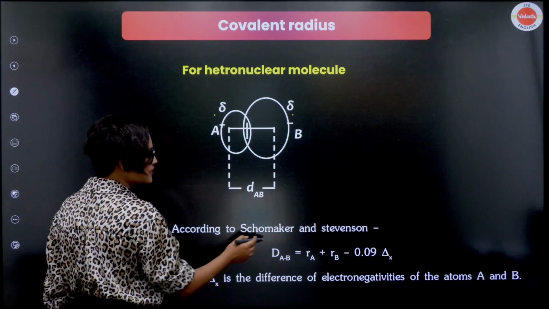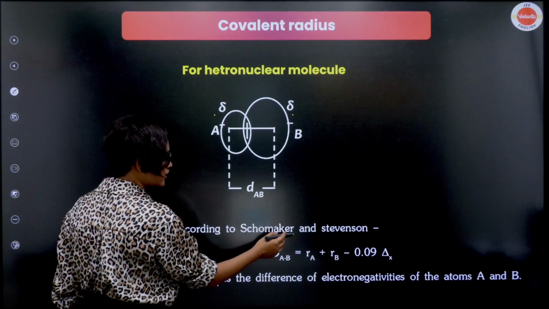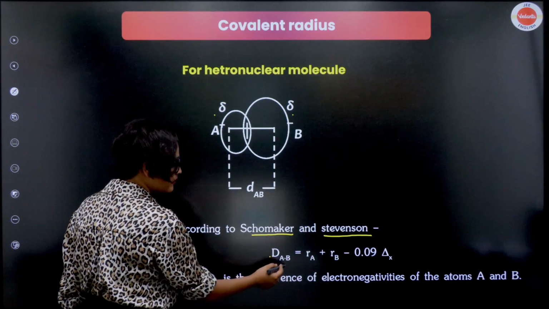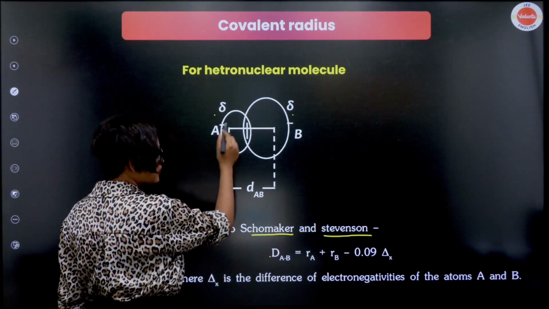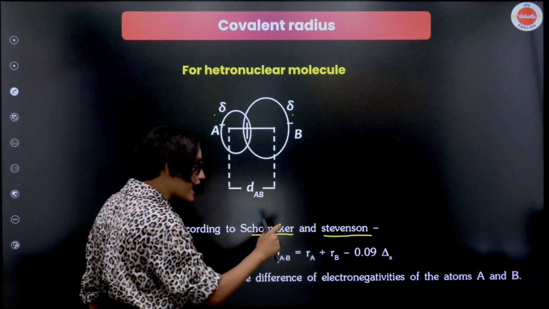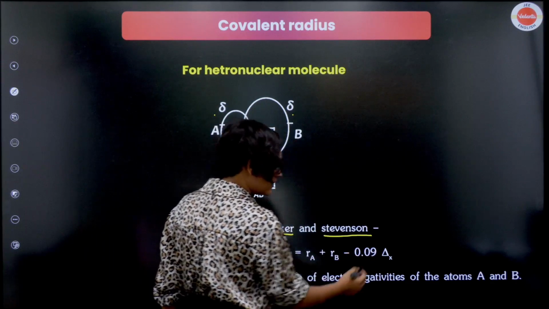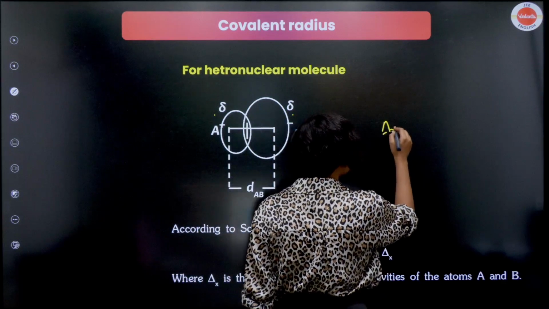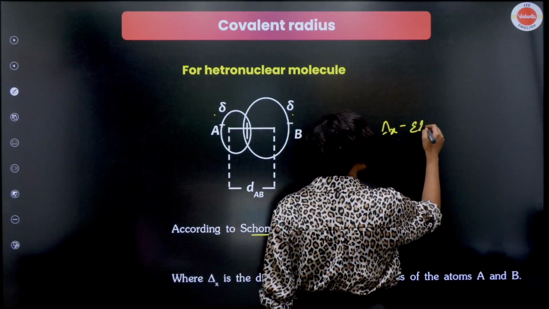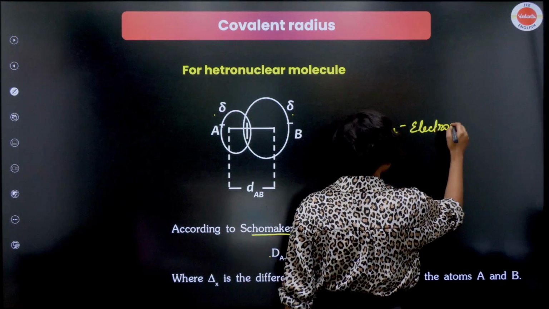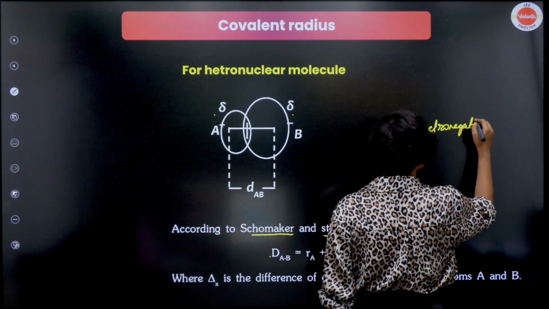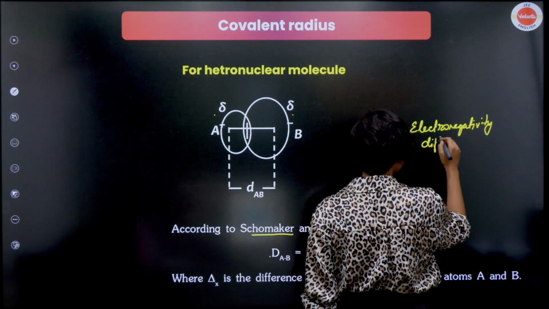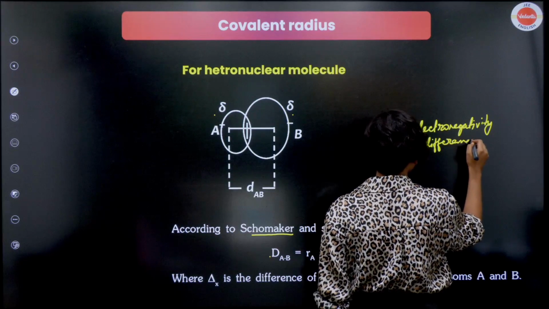And this is why there is a formula called the Schomaker and Stevenson formula, where we said that d of AB is equal to radius of A plus radius of B minus 0.09 delta x. What is this delta x? This delta x is basically the electronegativity difference of the atoms.